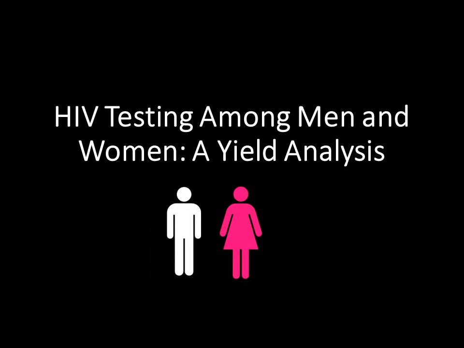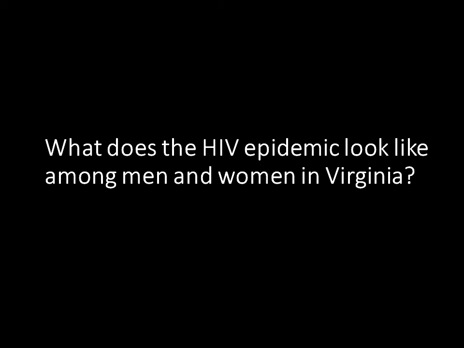So I'm going to go through the analysis. The first question that we asked, just to set the framework for this when we presented this at a contractors meeting in the fall with many of our contractors, was we just wanted to start by looking at the HIV epidemic in Virginia among men and women.